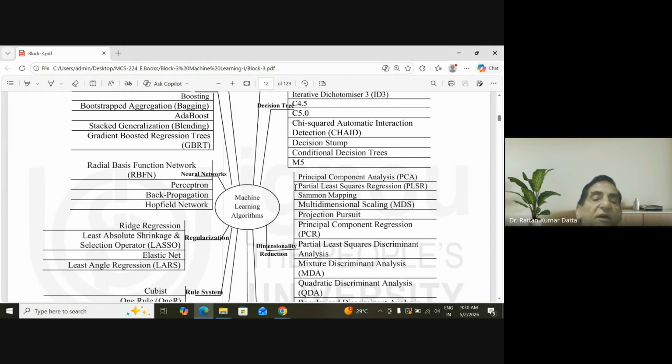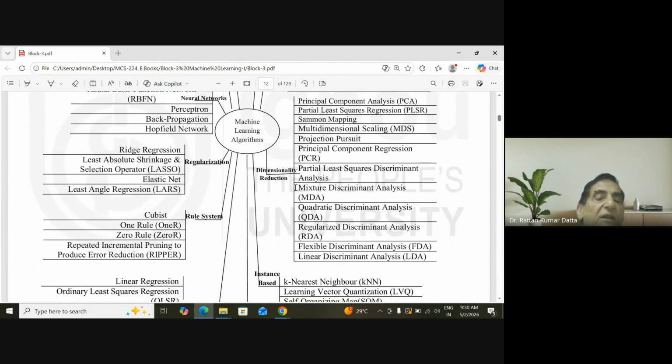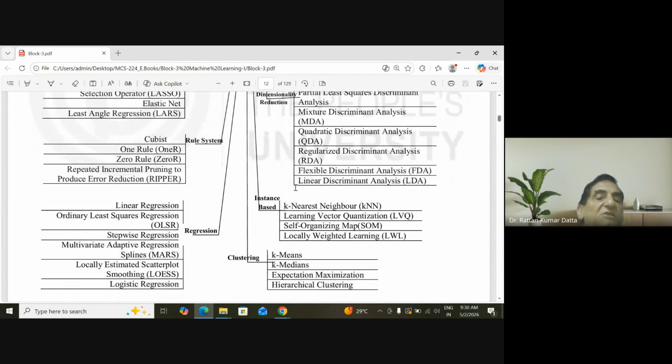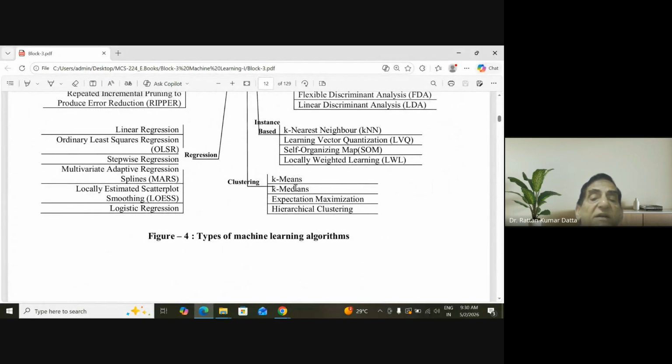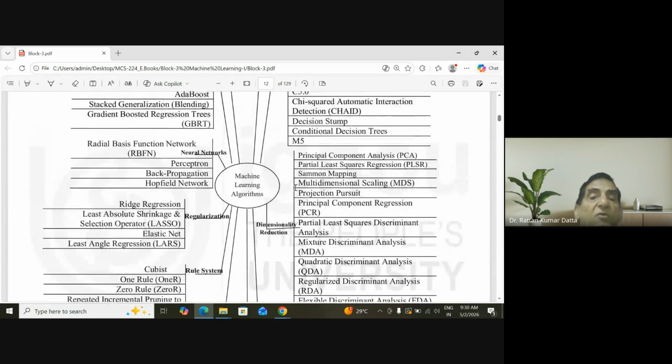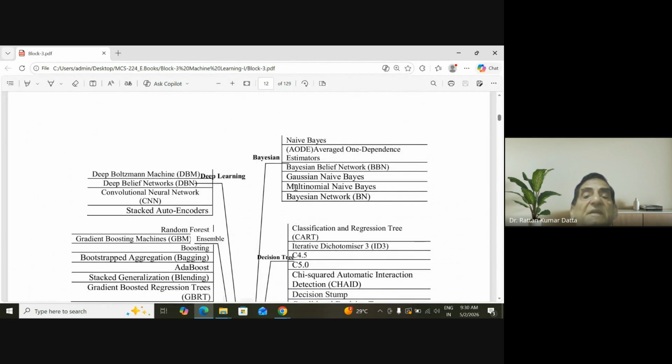These are all the algorithms: linear regression, ordinary least squares method, stepwise regression, multivariate adaptive regression, locally estimated scatterplot smoothing, logistic regression, k-medians, expectation maximization, and all that. These are the various types of algorithms discussed here. These are the types of machine learning algorithms, and there are a number of things. You can discuss this.